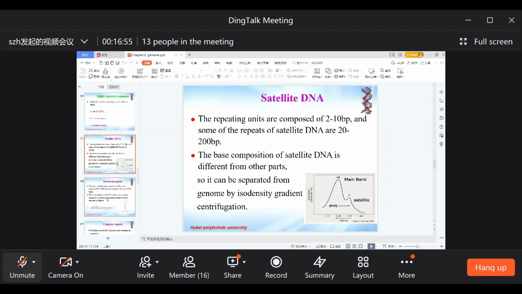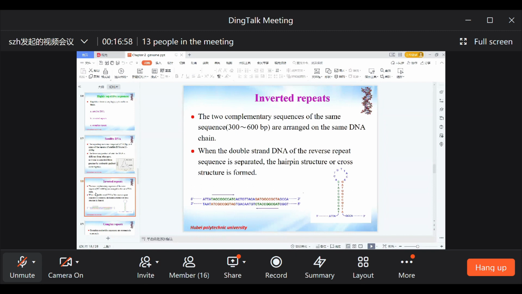Okay. The second kind of highly repetitive sequence is the inverted repetitive sequence. Here in this PPT, I wrote the model. You can see this is also a highly repetitive sequence.